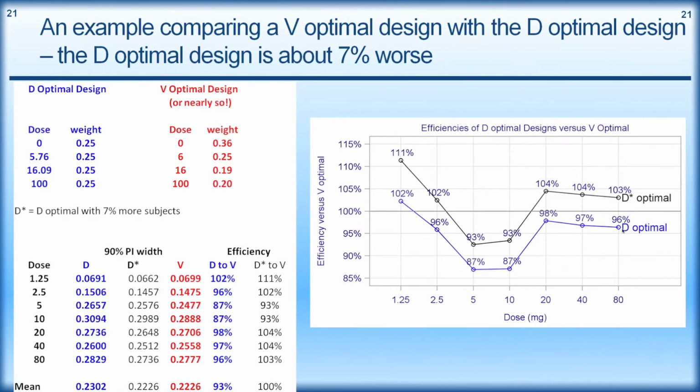The average of these blue lines is about 7% worse. The star design, the D-optimal design with 7% more subjects, on average performs about the same as the V-optimal design across the dose range. As we would expect, the V-optimal design is doing better on the width of those prediction intervals because it's been optimized for that.